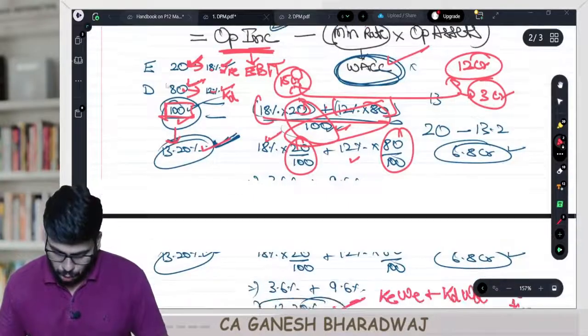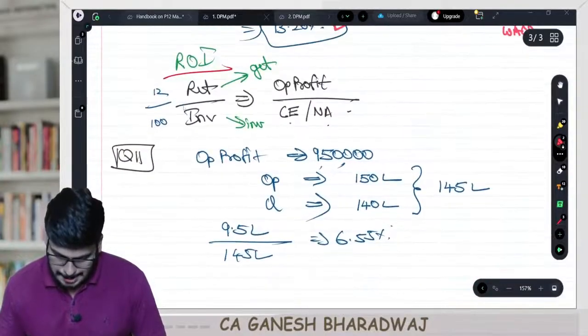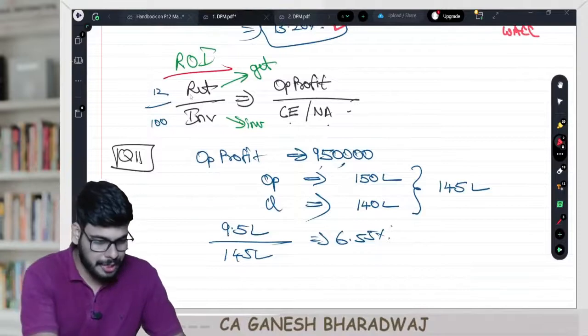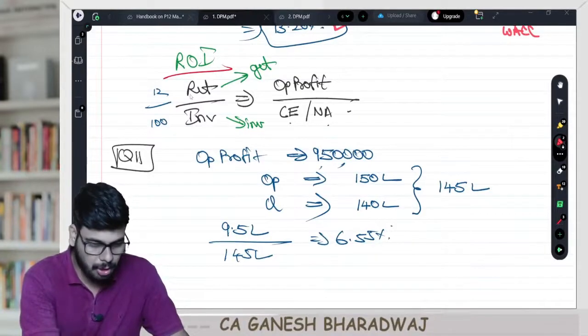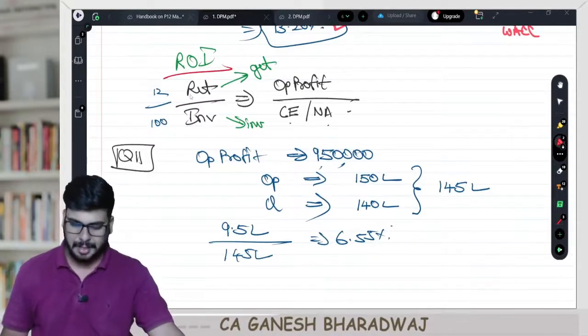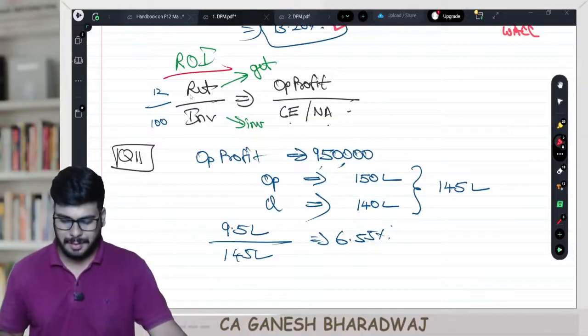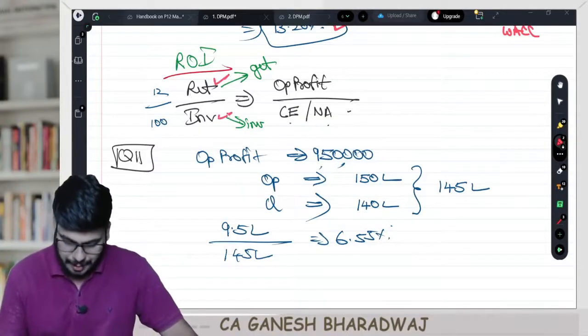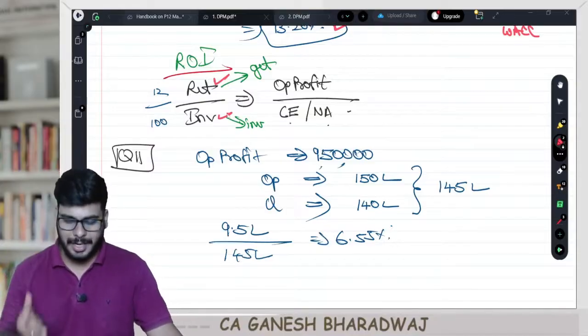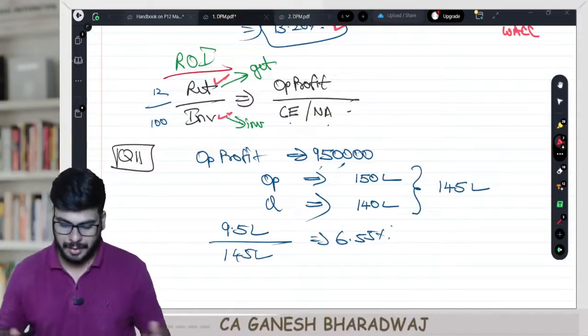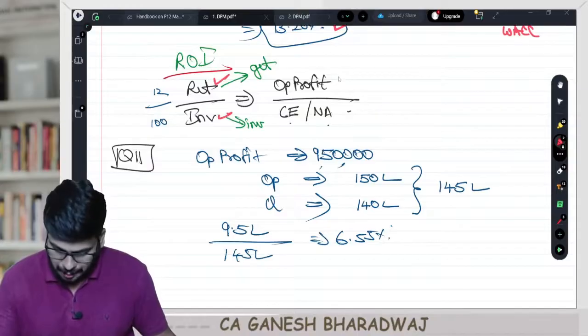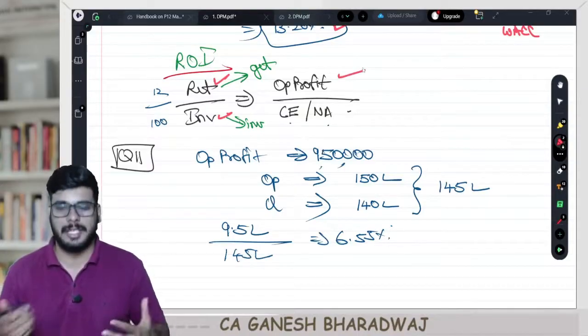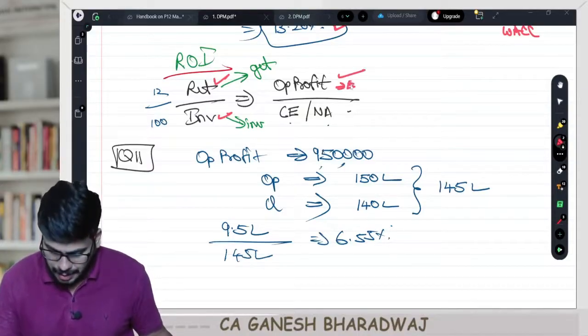Now let's quickly move on to the next concept, which is return on investment. So what do you mean by return on investment? As the words suggest, return divided by investment. That is what I get upon what I give, that is, what I invest. Here it's nothing but the operating profit, that is, EBIT, right?